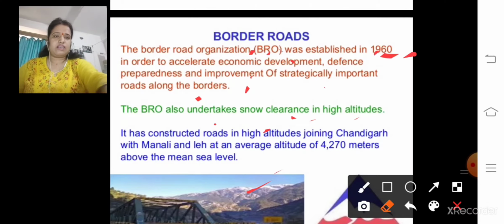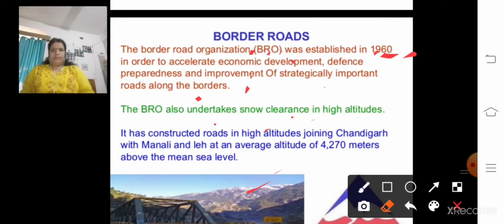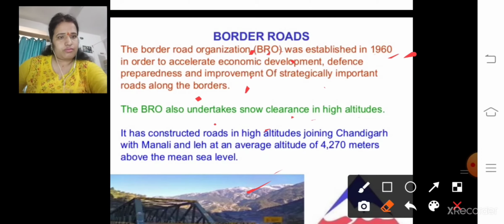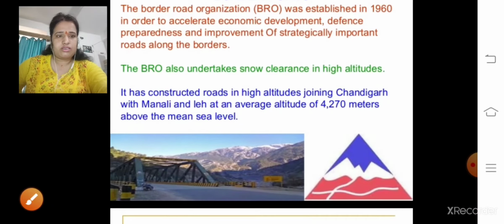It has constructed roads at high altitude joining Chandigarh with Manali, lying at an average altitude of 4,270 meters above the mean sea level. Okay. Develop roads. This was all about BRO, border roads.